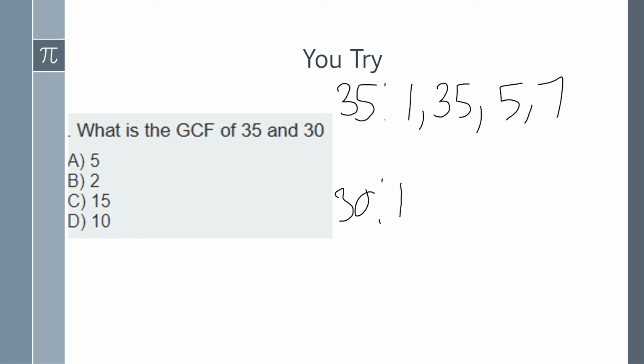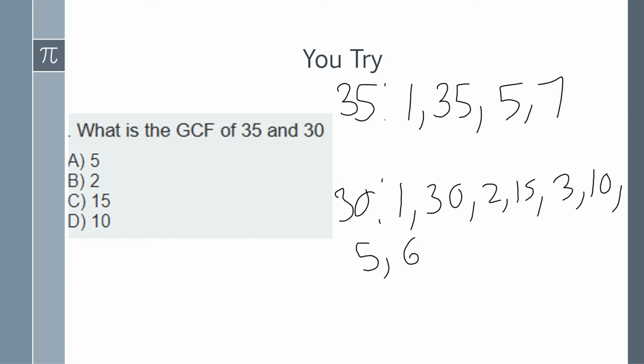For 30, it's 1 and 30, 2 times 15 also gives me 30, 3 times 10 gives me 30, and 5 times 6 gives me 30. And we know that the biggest number that they both have, that number is called a factor, is 5.